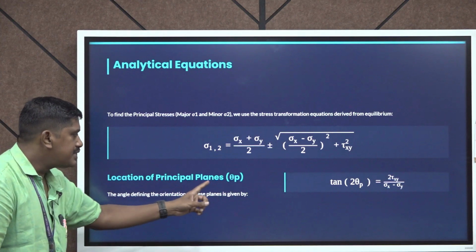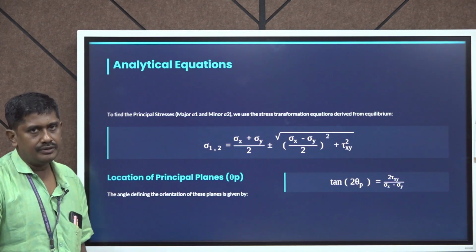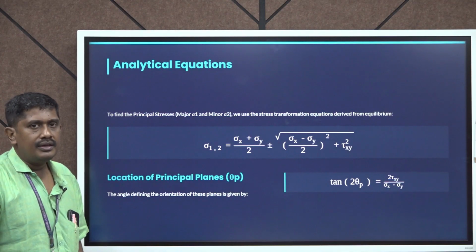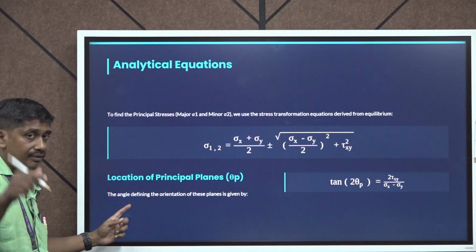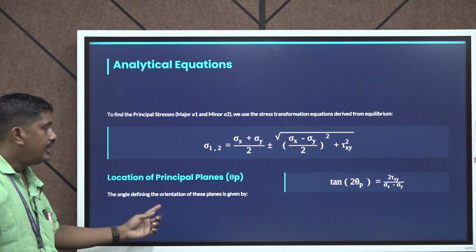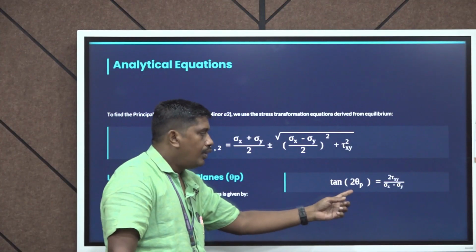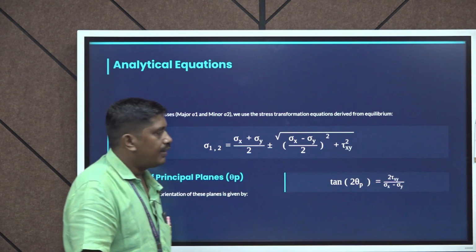The location of the principal plane is very important, because at that point the crack may be generated during testing or real-world application. How to find the particular point, the angle at which the crack can be generated, is tan 2 theta equals 2 tau xy by sigma x minus sigma y.